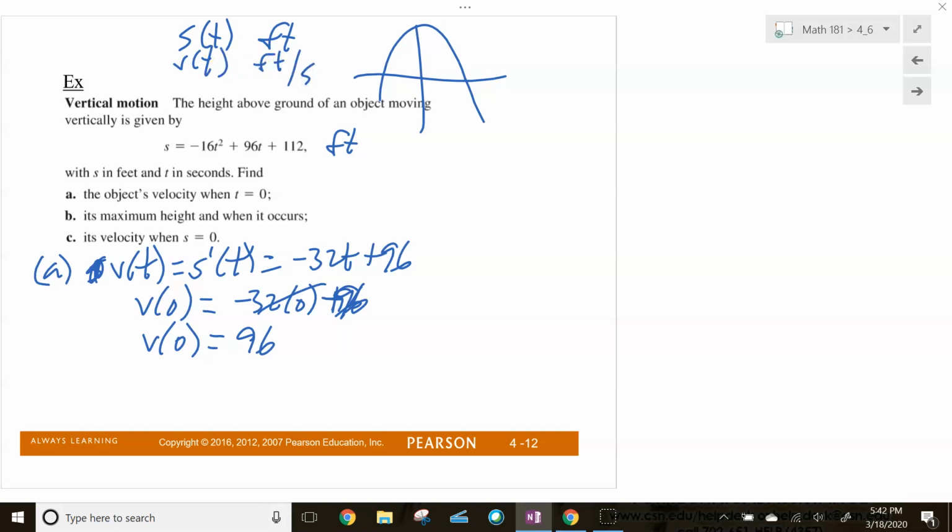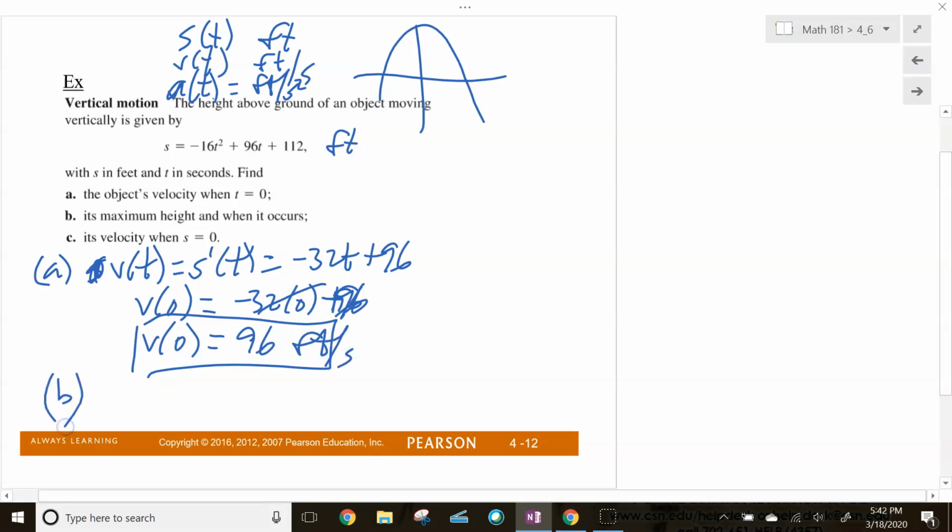Changing position over changing time. And then your acceleration, feet per second squared. They don't ask about acceleration here, but just to remind you on those. So here's your velocity, 96 feet per second. So that's at 0 seconds.